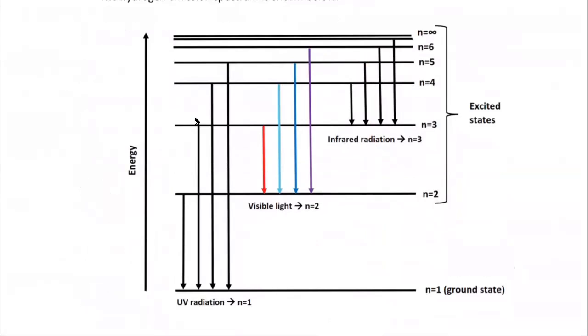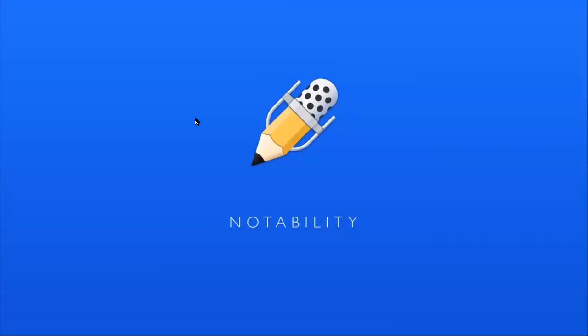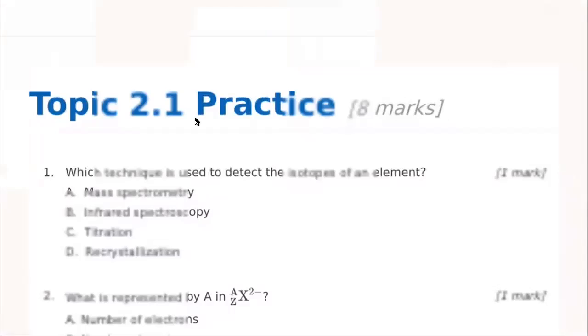And it depends on what energy level they go down to. But this is the hydrogen emission spectrum. This is what it looks like. So this is what they're asking about for this question. So in your mind, you have to picture this image when you're answering this question. So if we go back to the actual question, oops.